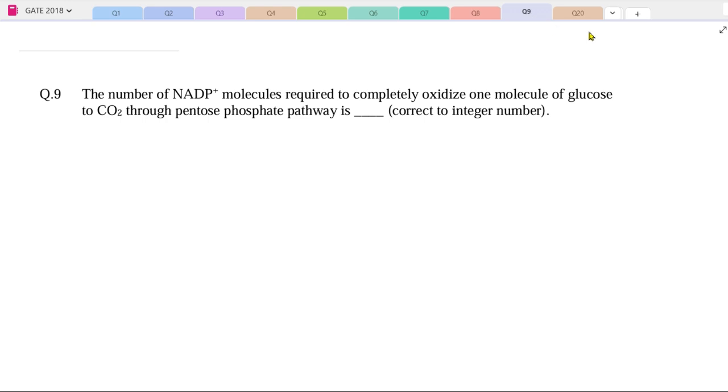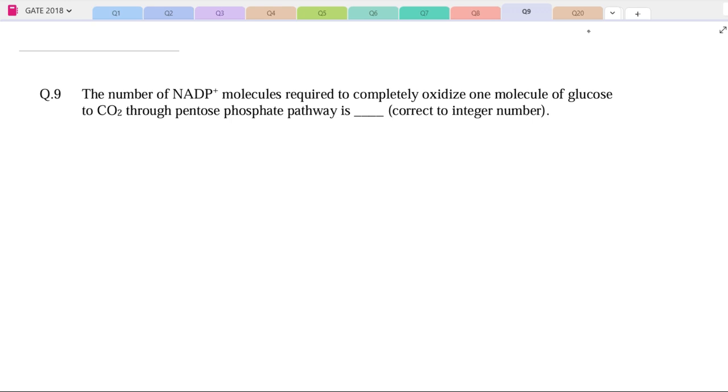The number of NADP plus molecules required to completely oxidize one molecule of glucose to CO2 through the pentose phosphate pathway. Before we go on, we should first understand the complete reaction for the pentose phosphate pathway. So let me write it here.